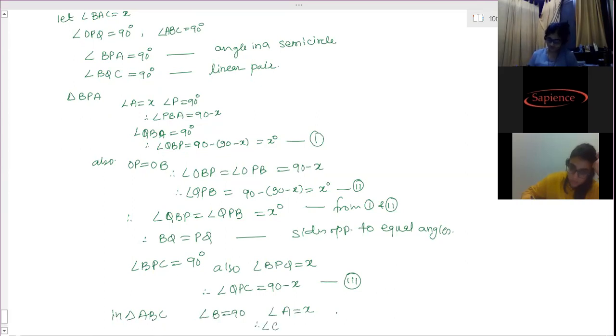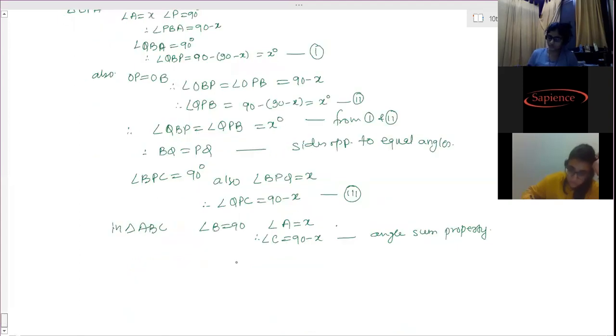Therefore angle C is equal to 90 minus x, angle sum property. Therefore angle QPC is equal to angle QCP, that is equal to 90 minus x. So therefore PQ is equal to CQ.